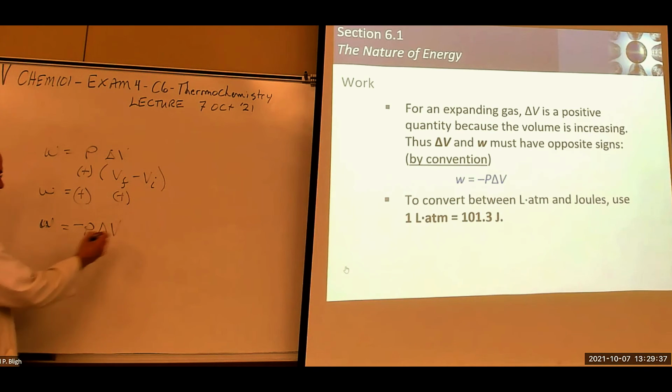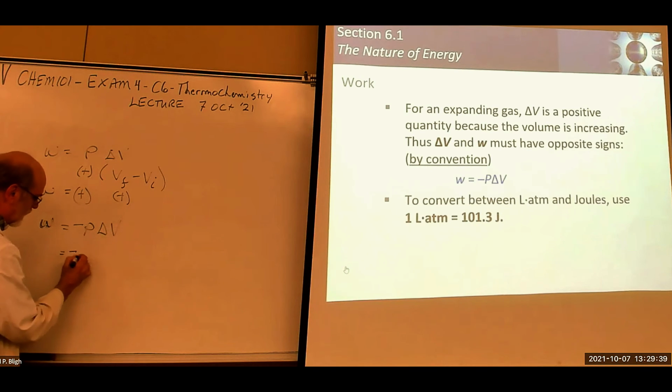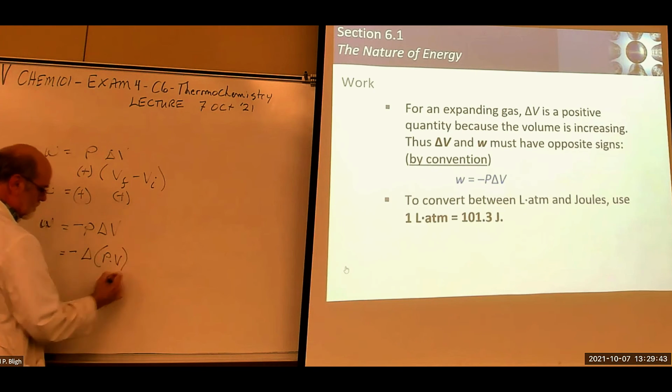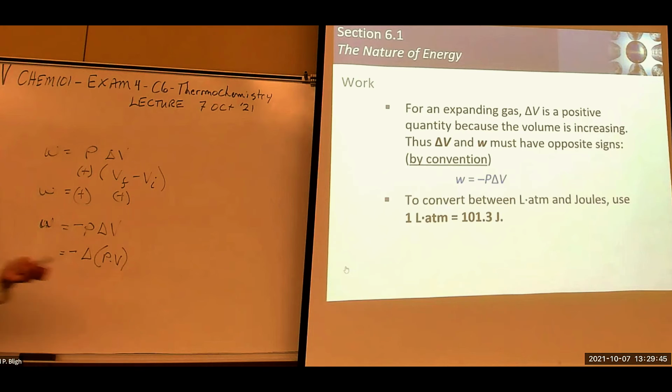This would also work for W equals negative delta P times V. Let the pressure change too. Okay, it'd still be a measure of work. But you still need that negative sign to make the conventions fit.